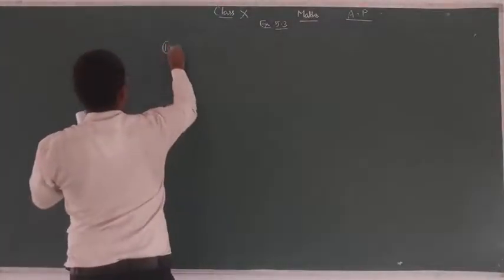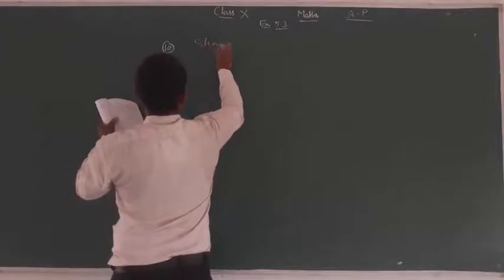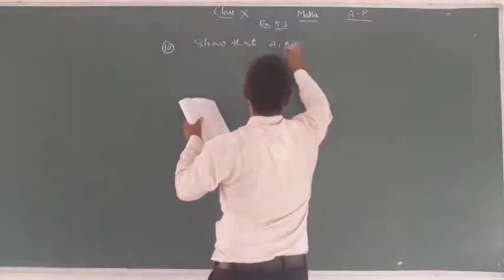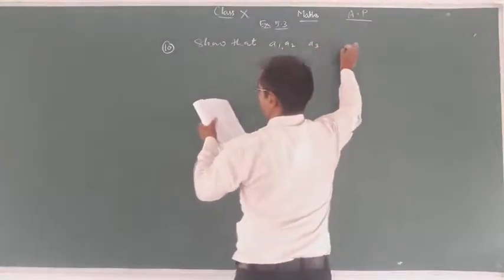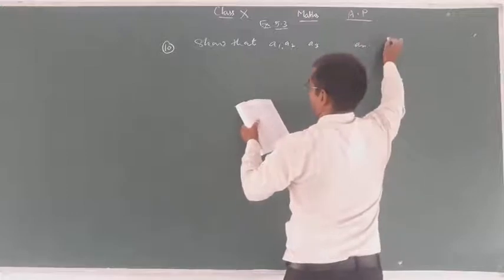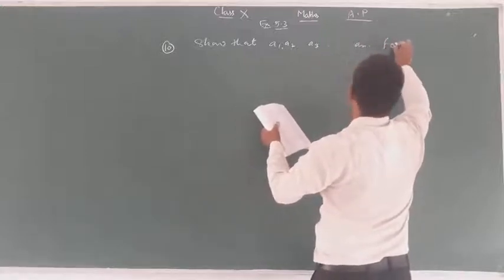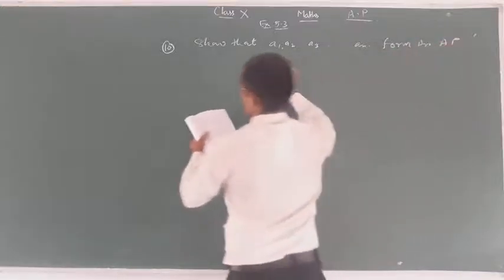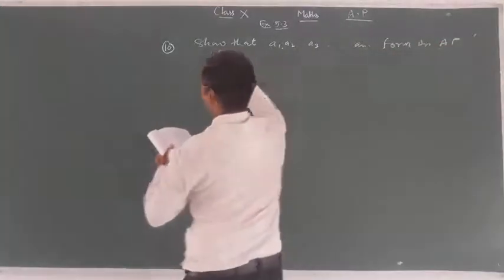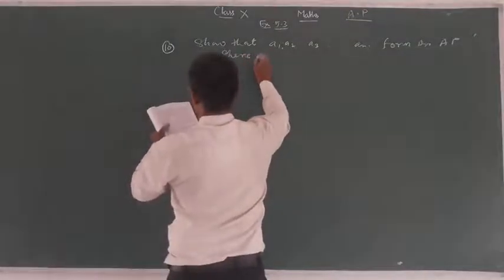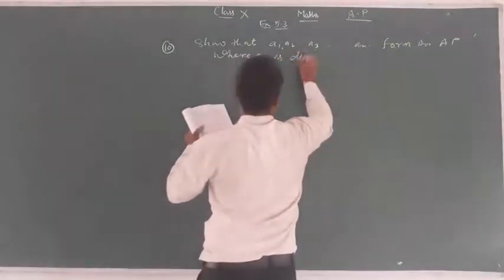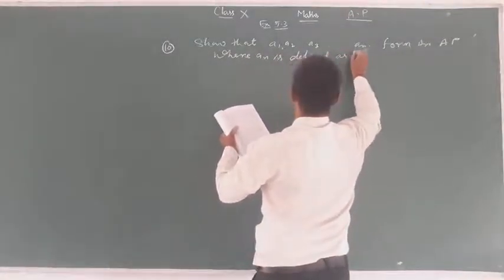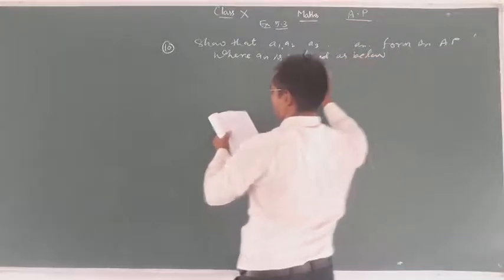Now question number 10. Show that A1, A2, A3, dot dot, AN form an AP, where AN is defined as below.